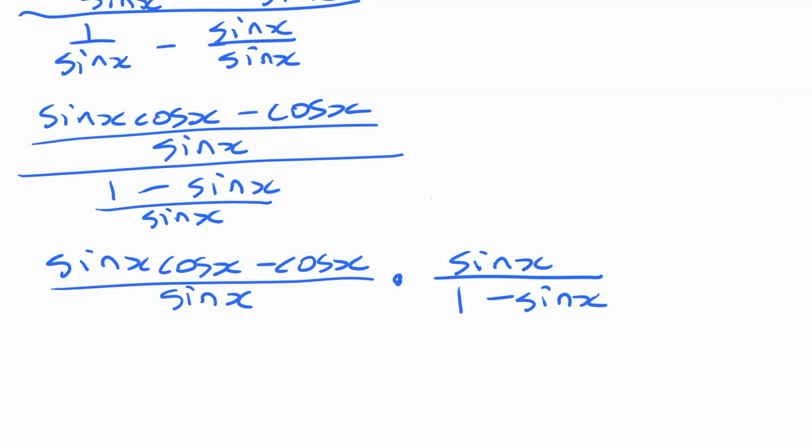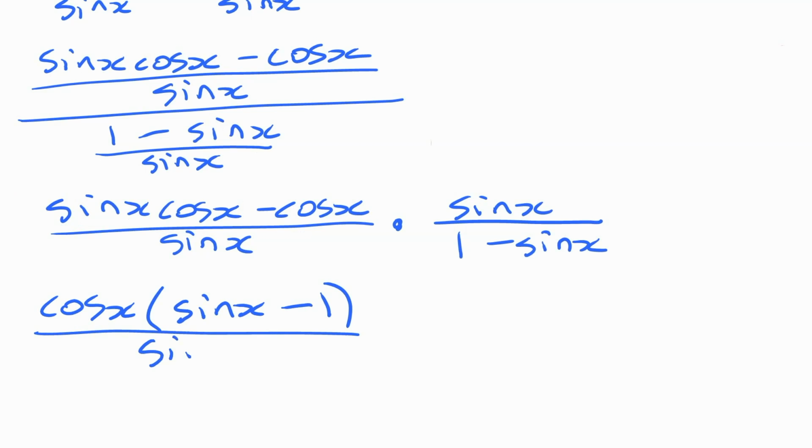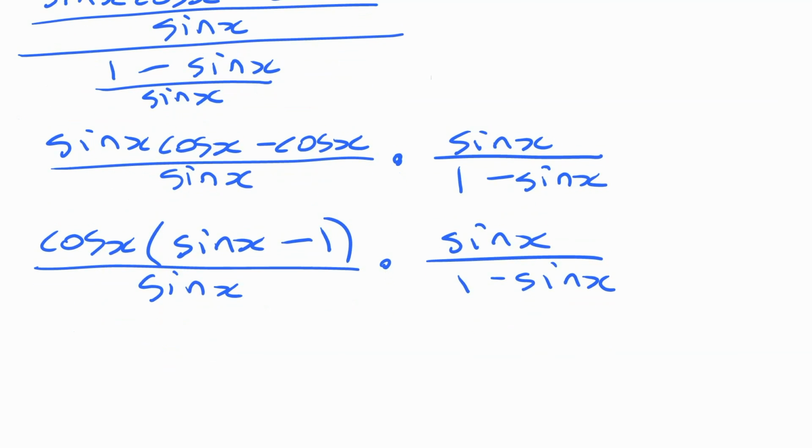And then we're going to have to do something that we did in the first method, which is factor this expression right here. And then we can look to simplify this before we multiply it out, which we can do.